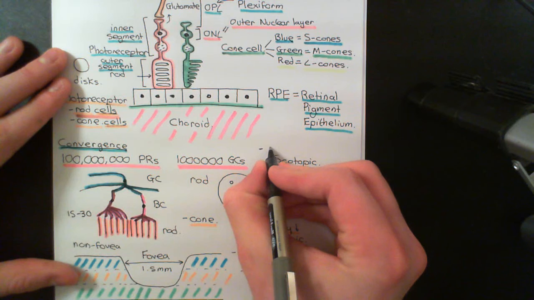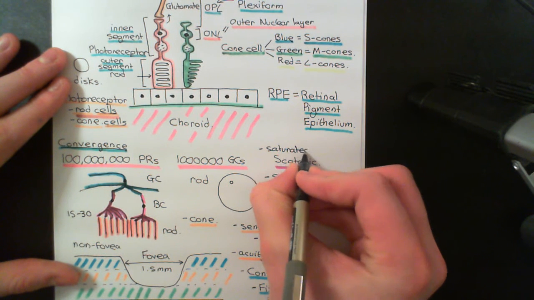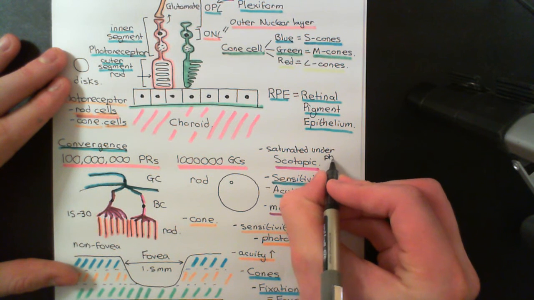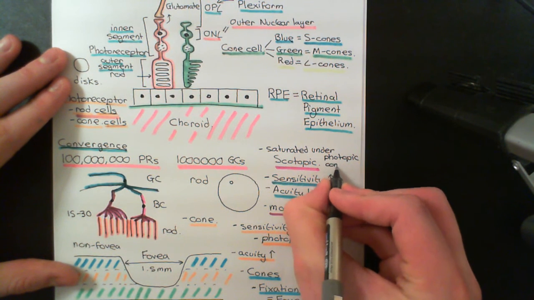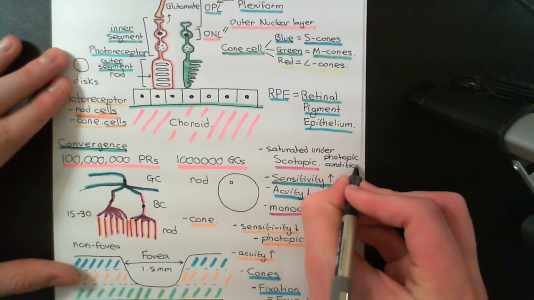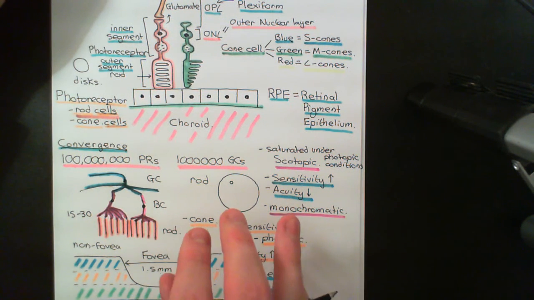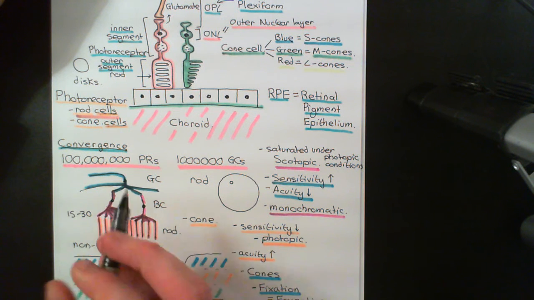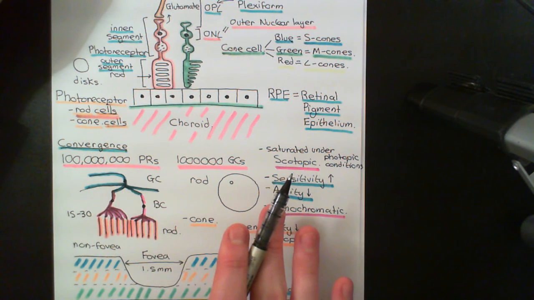So I'll just put this here. It becomes saturated under photopic conditions. It's too sensitive, basically, and it becomes saturated in daylight conditions. So I'll repeat what will happen. Under broad daylight, there's a high intensity light coming in, and it will be going all over the retina, and you're actually going to end up with these rod ganglion cells firing action potentials at their maximum rate all over the retina.